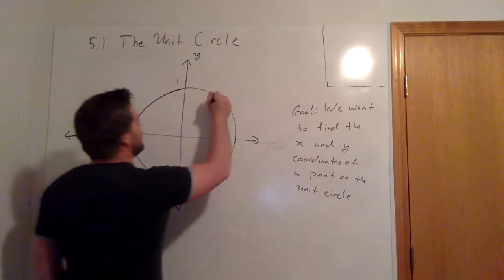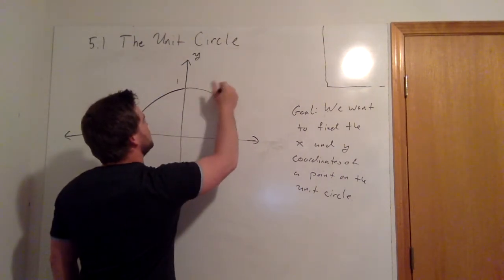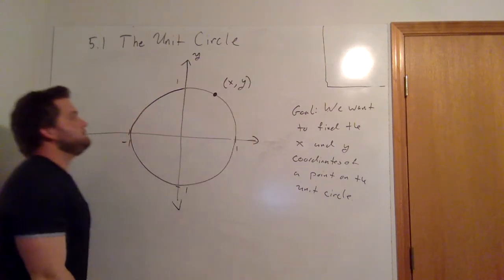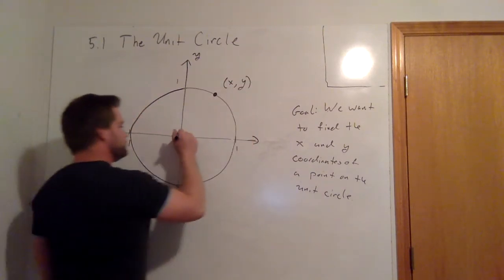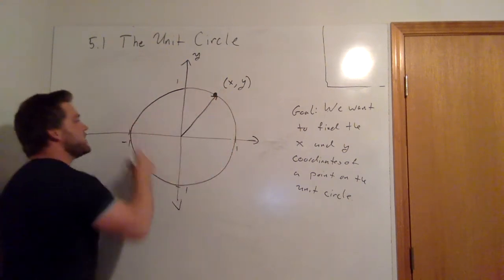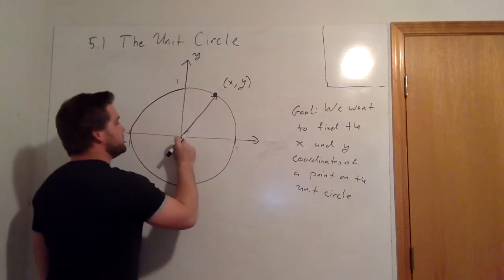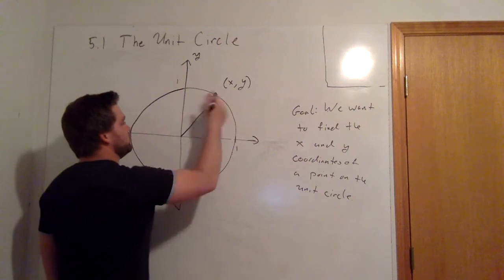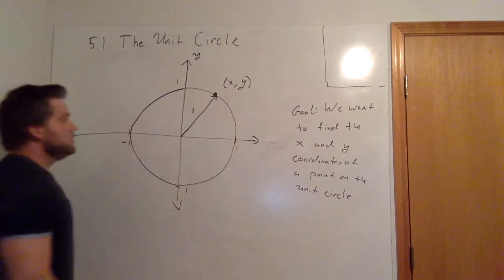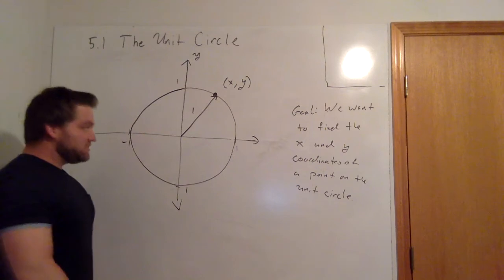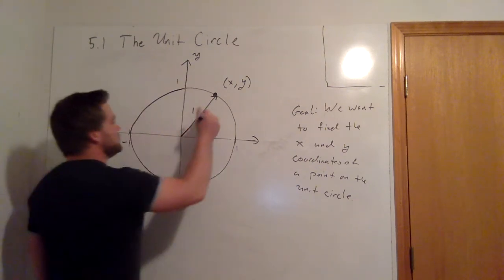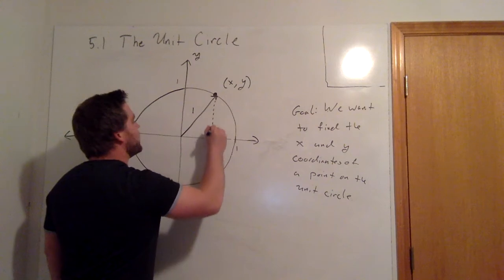Let's grab a random point on the circle right here, and let's think about its x and y coordinates. What we know is true is that it doesn't matter where I am on the circle, the length from the origin to a point on the unit circle, the radius, will always be 1. Notice that circles and triangles are best friends, because wherever I am on the unit circle, I can always draw a right triangle.